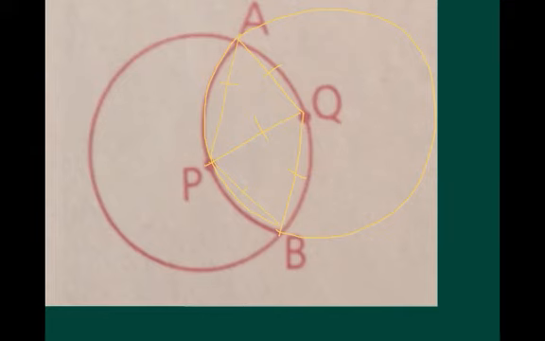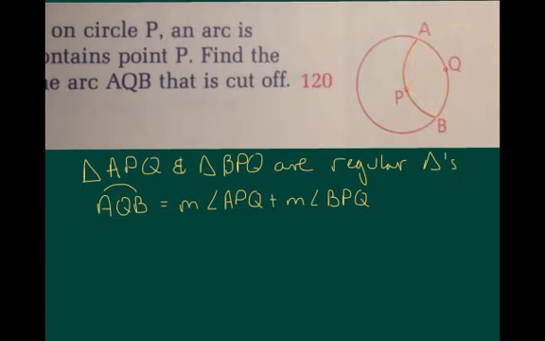So as you can see, both of these triangles are regular triangles, which makes them equilateral and equiangular. So the measure of arc AQB is equal to the measure of central angle APQ and BPQ. Since these are angles of two regular triangles, that's equal to 60 plus 60, so the measure of arc AQB equals 120.